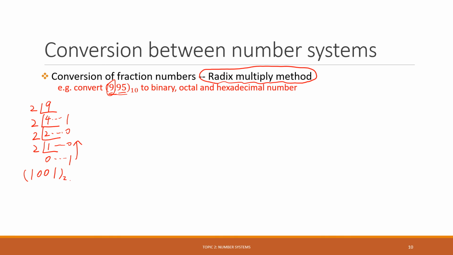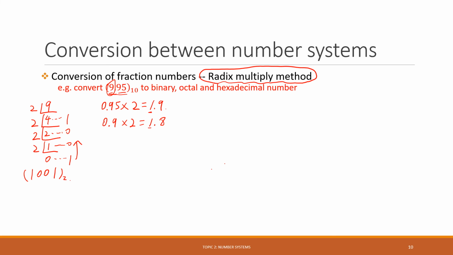So how do we do it? First, we only take the fraction part, which is 0.95. Then we multiply it by the radix, which is 2. And this gives us 1.9. Now we just take out the whole part, then use the fraction part, 0.9, multiply it by 2 again, so we get 1.8.